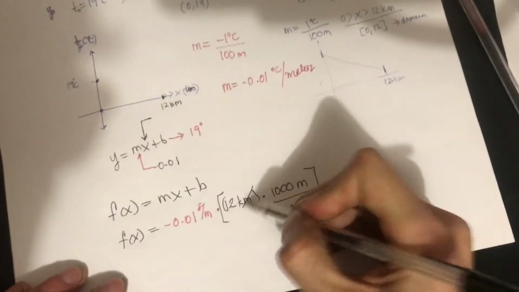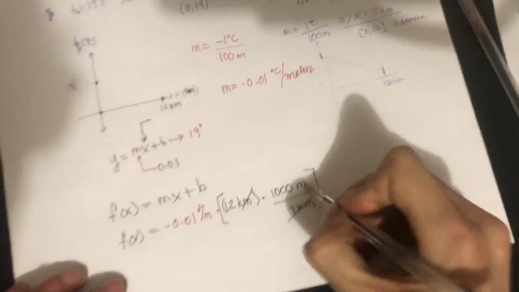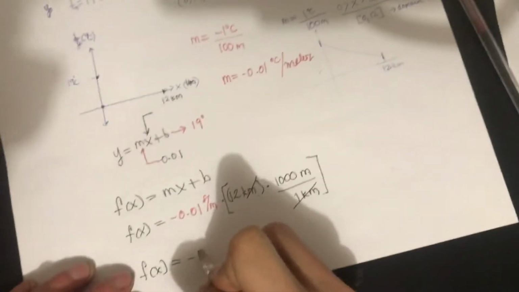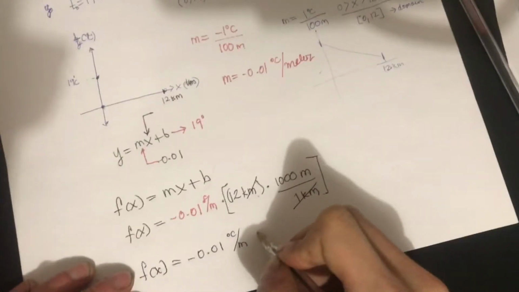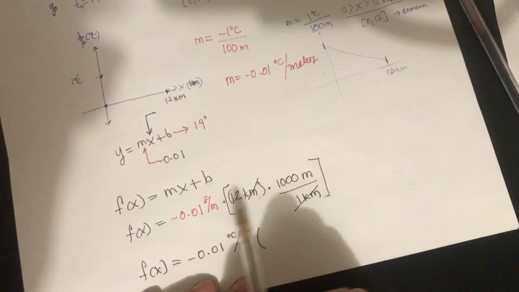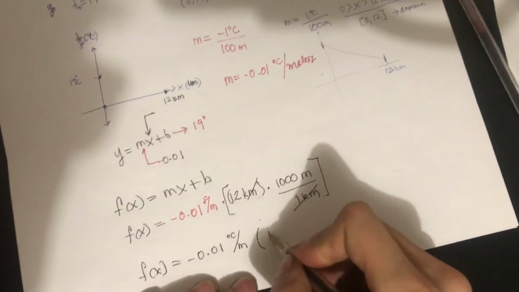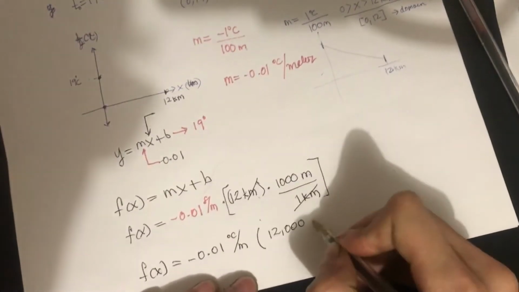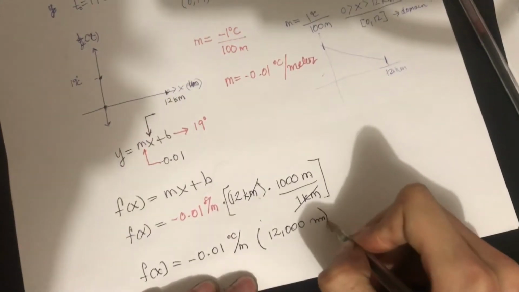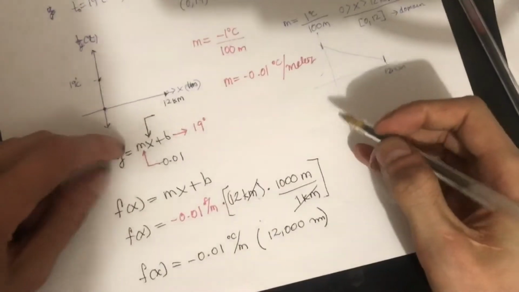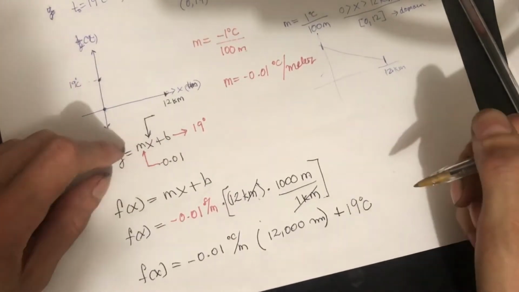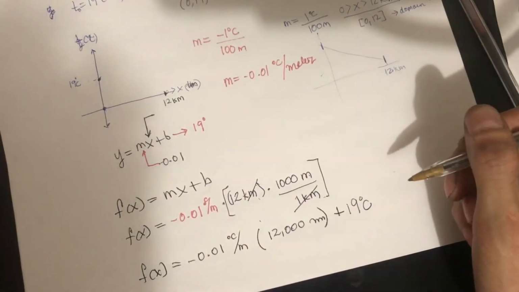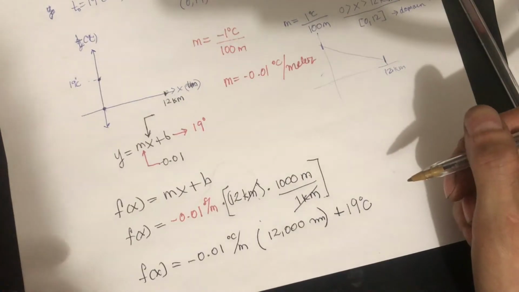Which we can further work out as negative 0.01 degrees Celsius over a meter times 12,000 meters plus 19 degrees Celsius, which is the original given value for temperature.